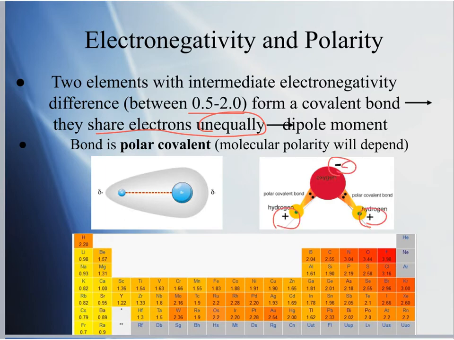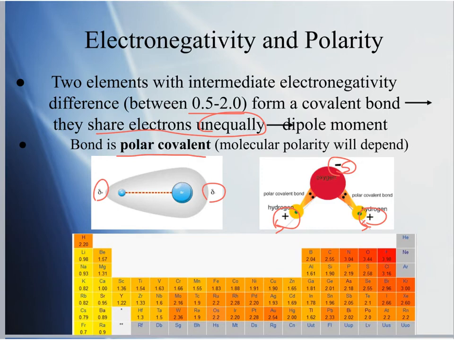But remember, these are slight positive and slight negative. They're not full charges. Like over here with the little s's, slight positive and slight negative charges. That's what we call a dipole moment. And these types of bonds are what we call polar covalent bonds. So polar covalent bonds have these slight positive and slight negative charges on the ends because of an unequal sharing of electrons between the atoms that are making the bonds.